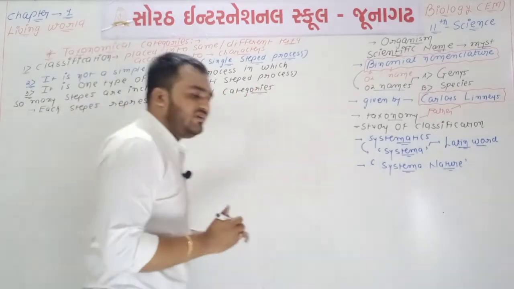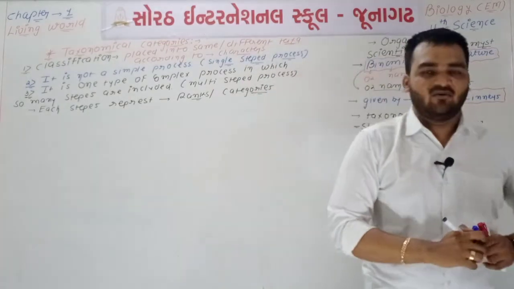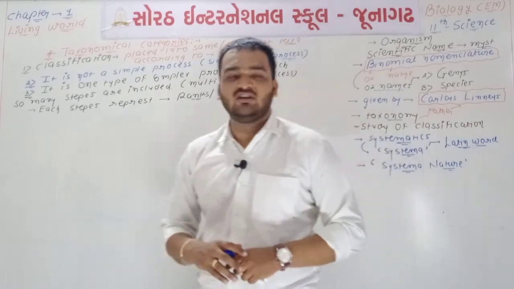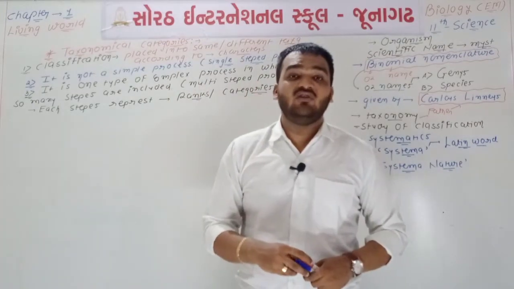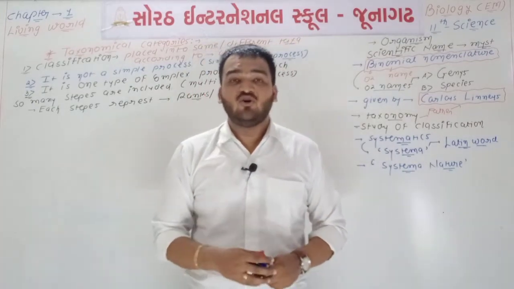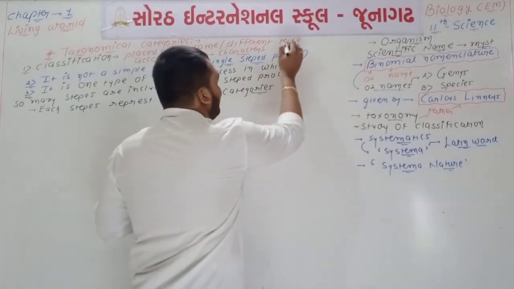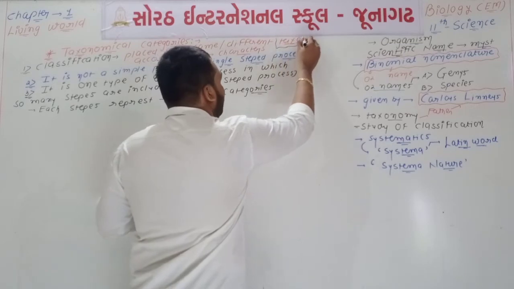So the first 3 points are 100% completed. In the first point, classification is one type of science in which living organisms are arranged or placed into same or different taxa. This word taxa is important, and we'll talk about its meaning in this lecture.